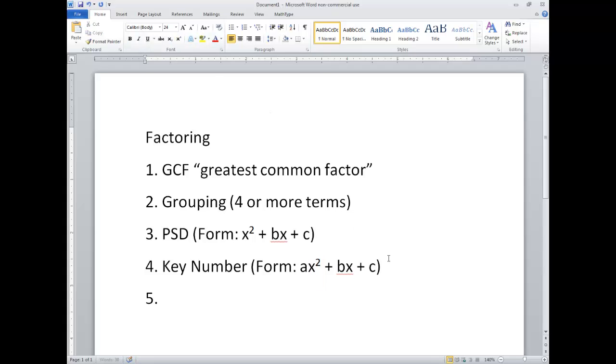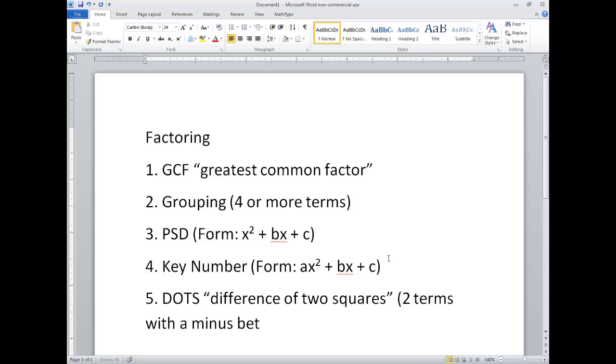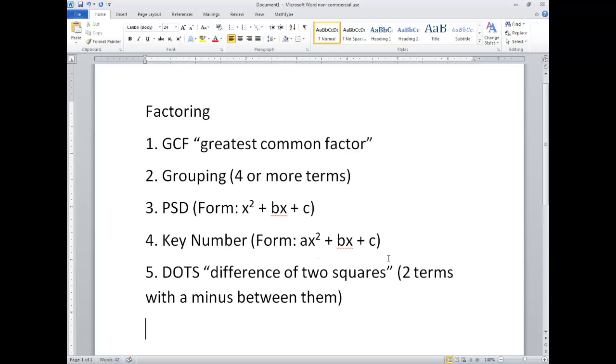Our fifth method is DOTS, the difference of 2 squares, and this is when you have 2 terms with a minus between them. Now the sixth one is the difference of 2 cubes.